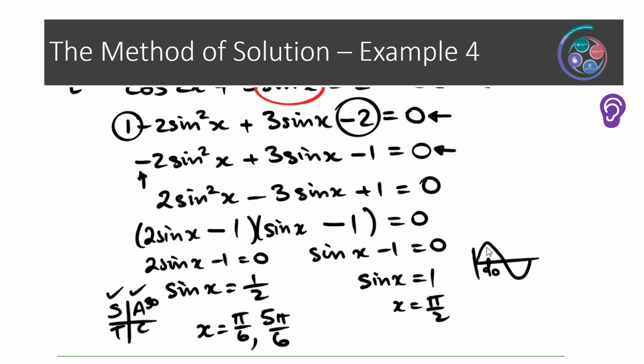Once you've got all of that, we can write down the solution to the question, which in order is pi over 6 radians, pi over 2 radians, and 5 pi over 6 radians.